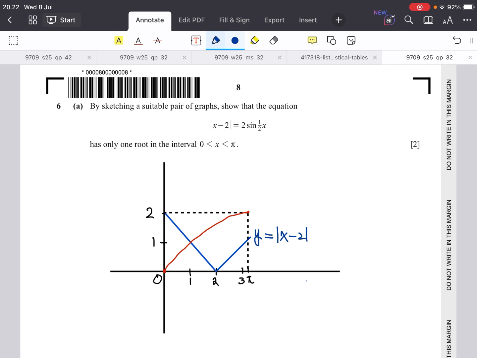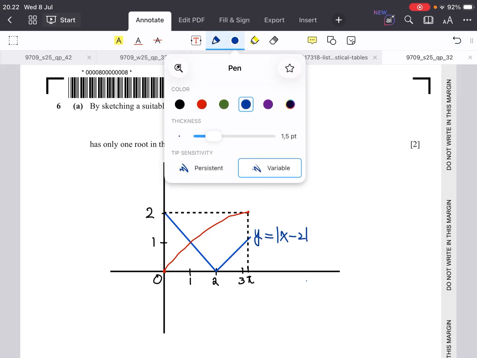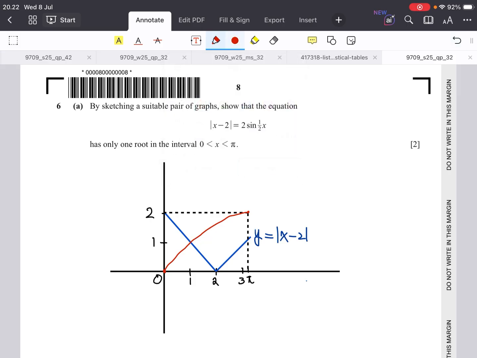And then the red graph is the graph of y equals 2 sine half x. When x equals 0, the value of y is equal to 0.